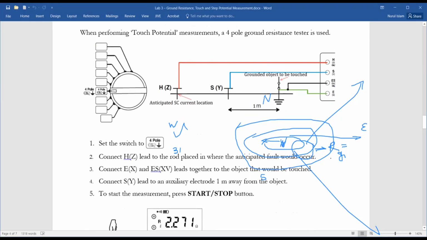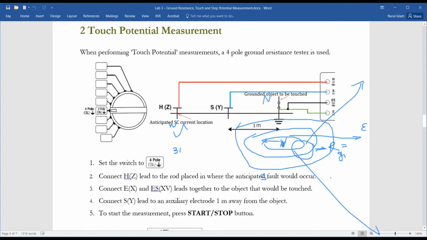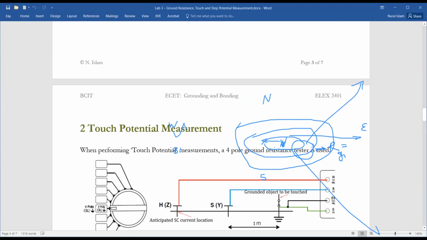And in touch potential, definitely you have to set up the equipment this way. So all 4 terminals you are using, but these bottom 2 you have to jumper together, and these 2 must be connected to the grid. Okay, grid reference point.